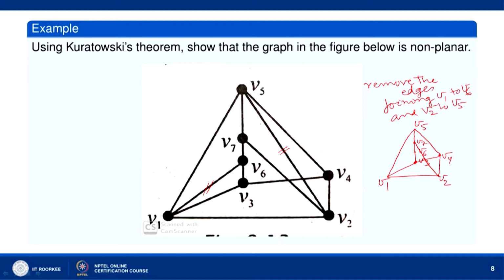There are two edges at B6, in series. We have this edge and this edge, they are in series at B6. So, let us merge these two edges which are in series at B6, and we arrive at this graph.